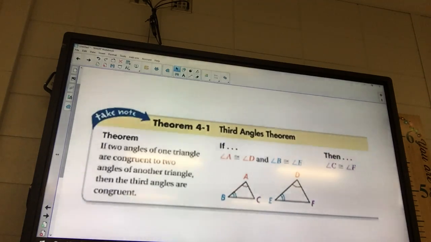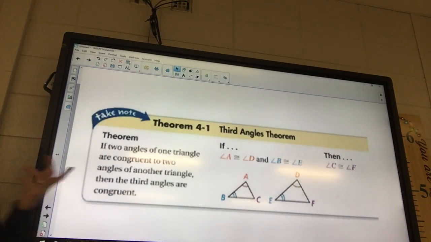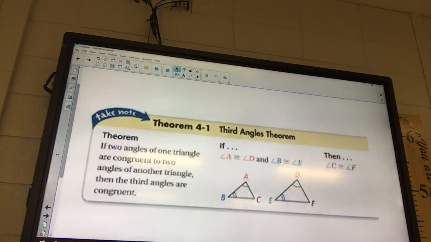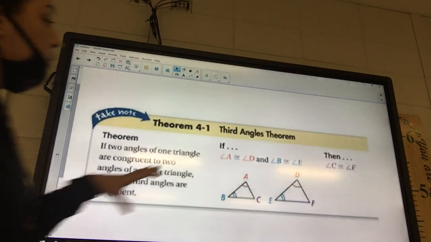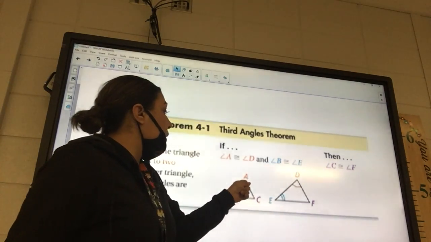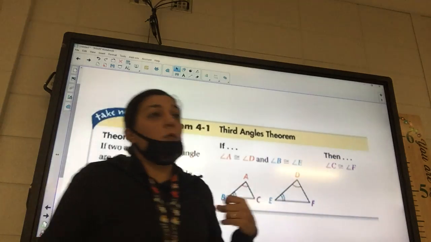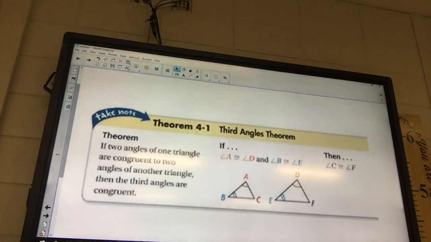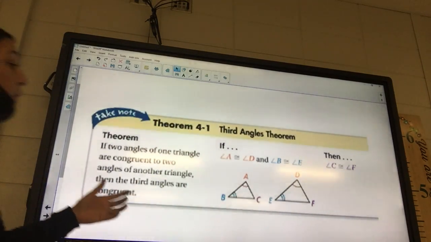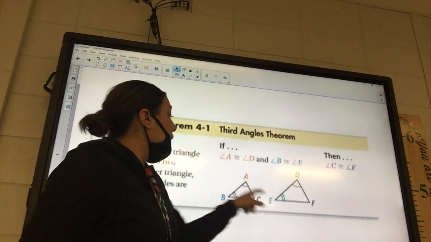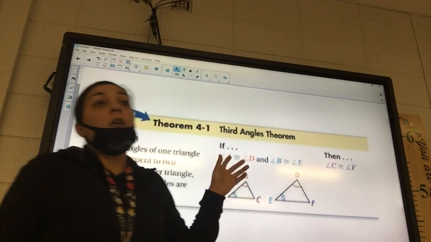So the third angles theorem says if two angles of one triangle are congruent to two angles of another triangle, then the third angles are congruent. Okay, so let's think about this. We have two triangles, and this one has one rainbow or swoop for the angle, and this one has one. So those are congruent. That's what it means, 1 and 1. And then on the flip side of that, B and E both have 2 on the angle.